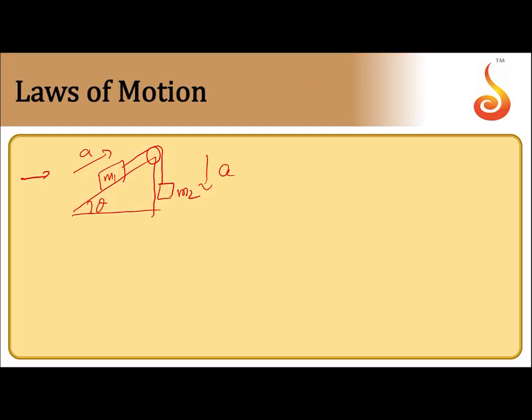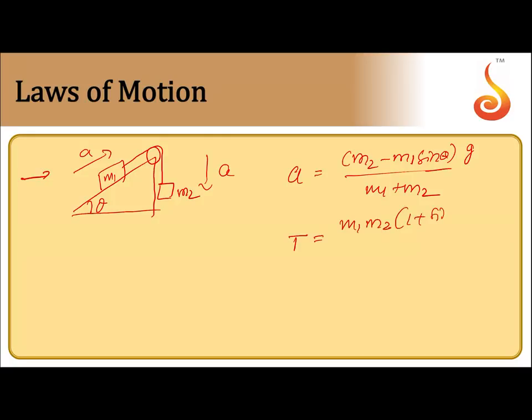Now for this setup, the acceleration a is equal to (m2 minus m1 sin theta) into g whole divided by m1 plus m2, and the tension T is equal to m1 m2 g (1 plus sin theta) divided by m1 plus m2.